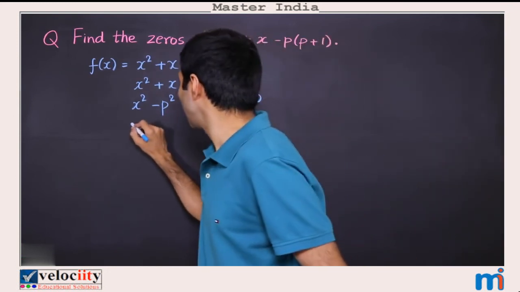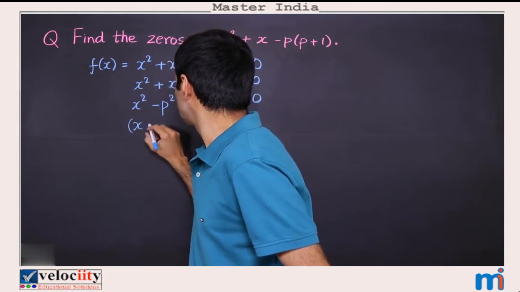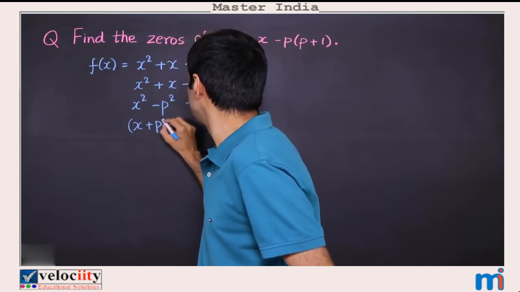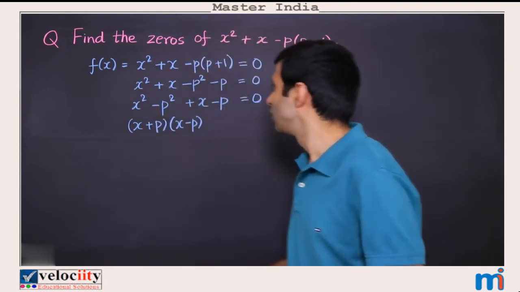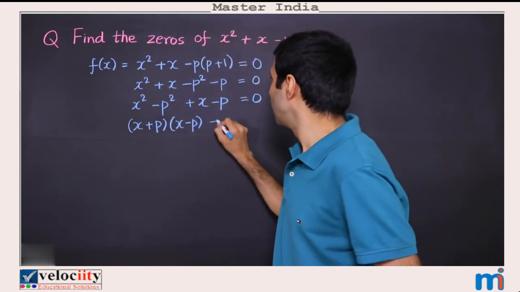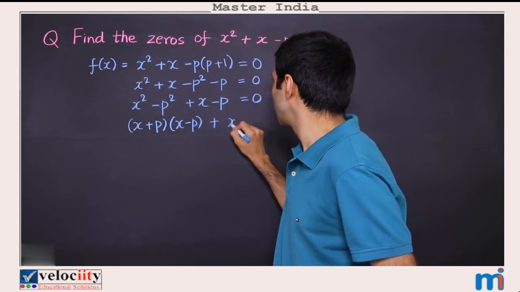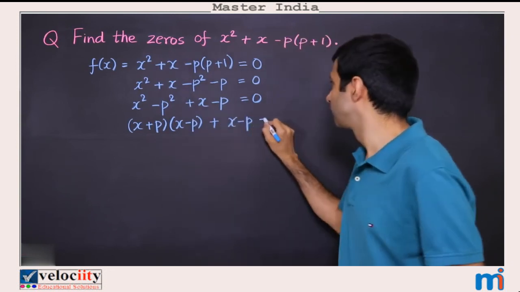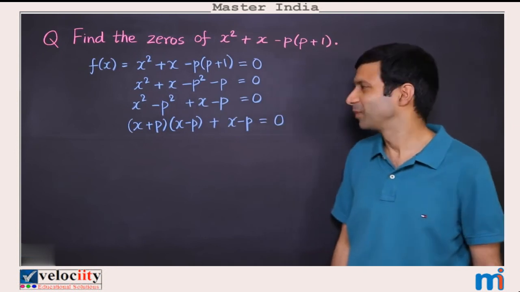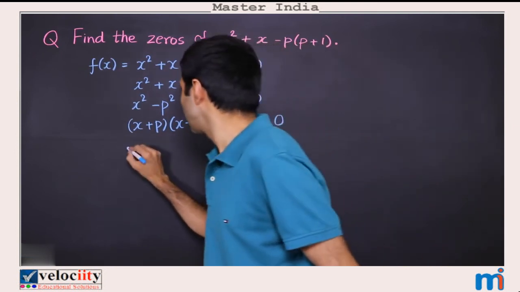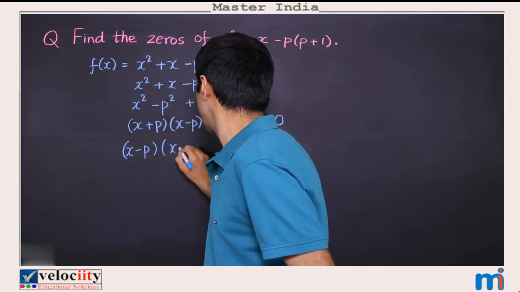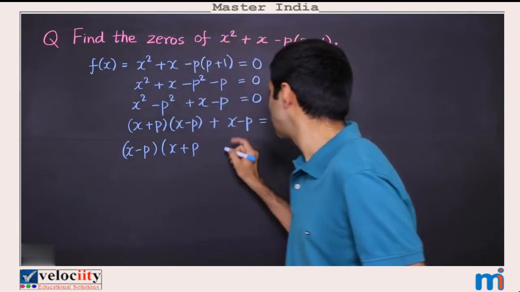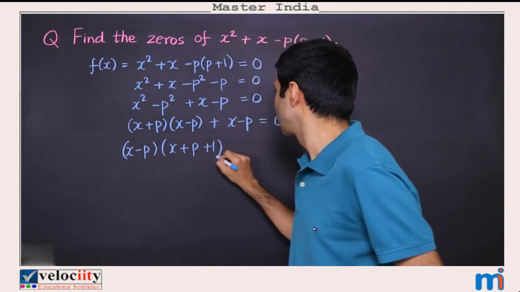So let's write that as x plus p into x minus p. So that's that, and then we have plus x minus p equal to 0. So let's take x minus p common here. So what are we going to get? x minus p into x plus p plus 1.